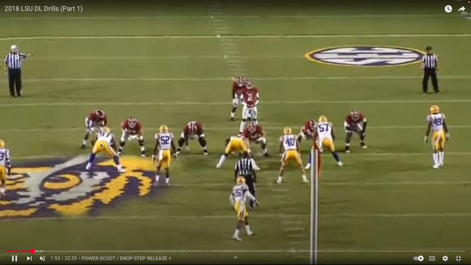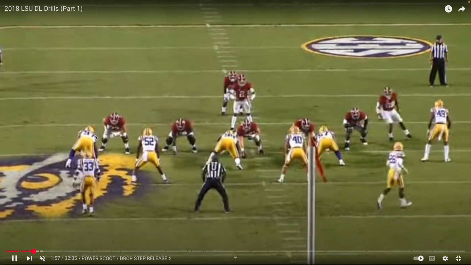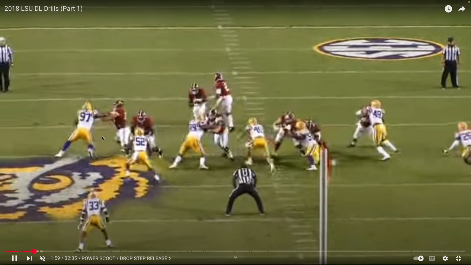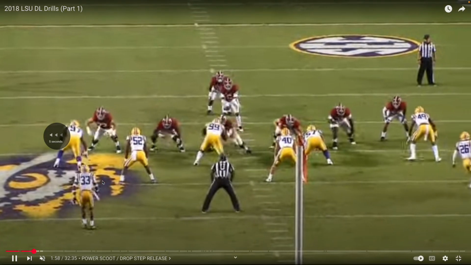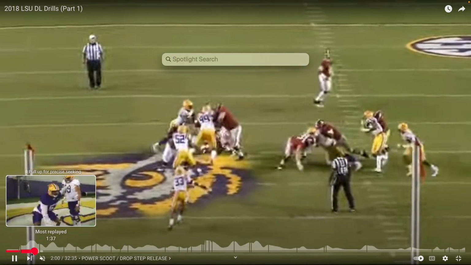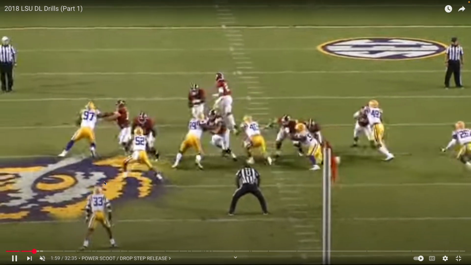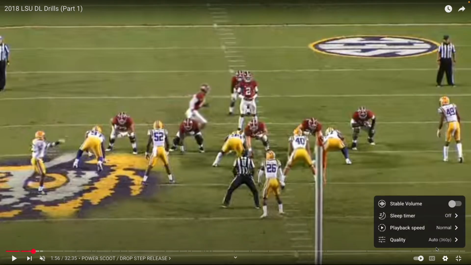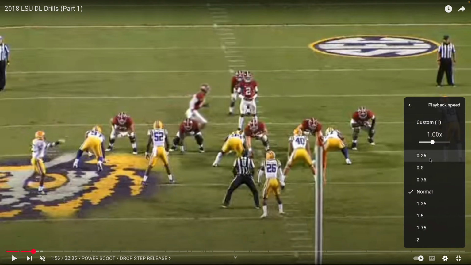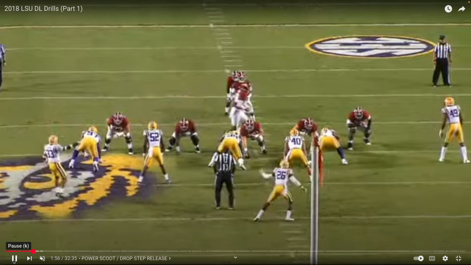So let's take a look at number 97. 97's right here. Set the edge. You see that right there? Let's go back. We'll go in slow-mo here. Okay, 97 is down.